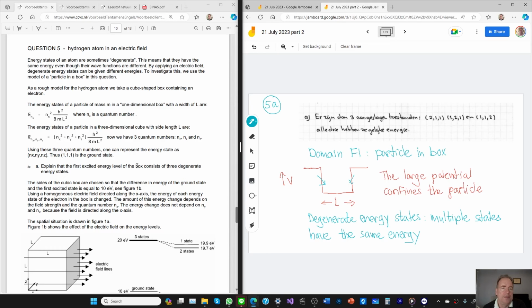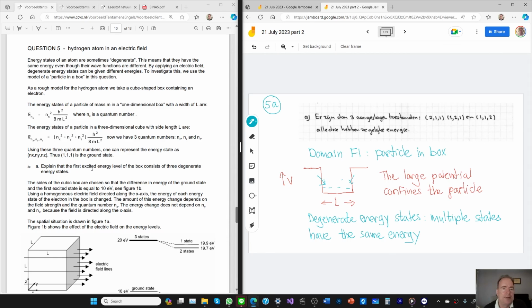And so you can basically label these states by these 3 quantum numbers, nx, ny, and nz. So 1, 1, 1 means all these n numbers are 1. That is the lowest energy state, the ground state.